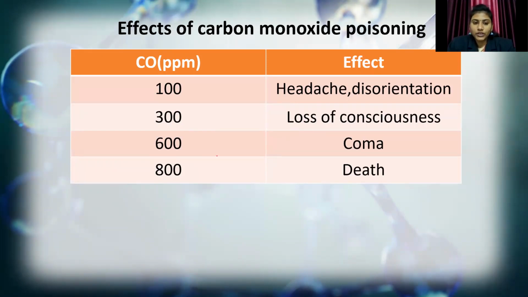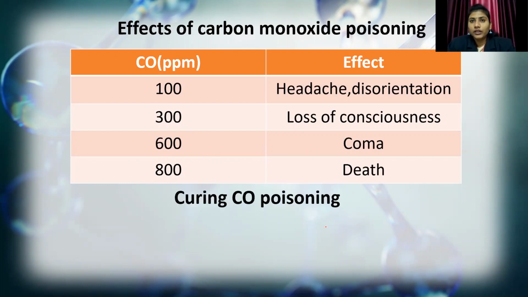We will be unconscious. And what if it increases up to 600 parts per million? Then it will cause coma. And if it increases to 800 parts per million or more, then it will surely cause death. So carbon monoxide is a poisonous gas and it may cause death also.